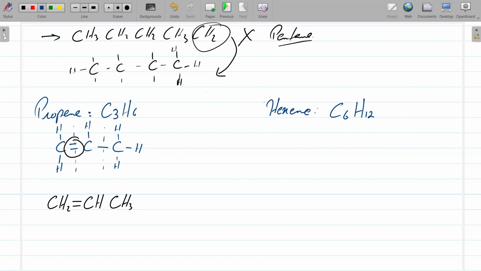Okay, drawing out the displayed formula: 1, 2, 3, 4, 5, 6. Where does the double bond go? At the start or at the end? At the start. And so the rest have single bonds, and then you fill out the hydrogens.